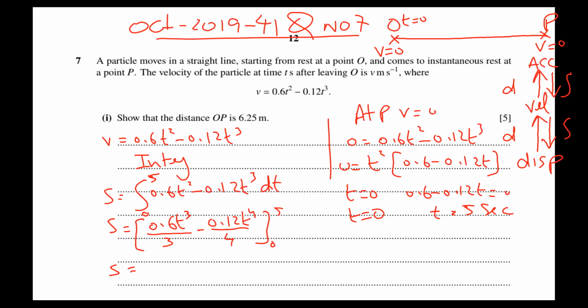Then I put upper limit minus lower limit: 0.6 times 5 to power 3 by 3 minus 0.1 times 5 to power 4 by 4, and the lower limit 0 is no need. So it becomes 0.2 times 125 minus 0.1 divided by 4 into 5 to power 4, and the answer is 6.25. So the distance is proved.